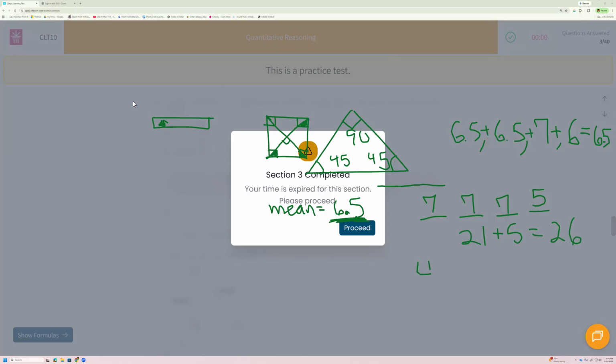So 4 goes into 26 6 times. 4 times 6 is 24. Now that's 2, and a decimal point gives me a 0. And 4 goes into 20 5 times. So 5 is the only number that works out of my choices, 3, 4, and 5.